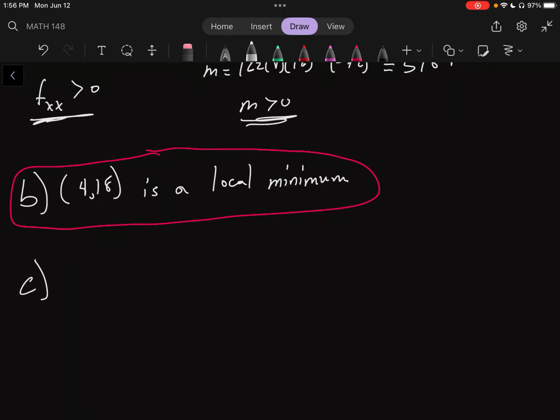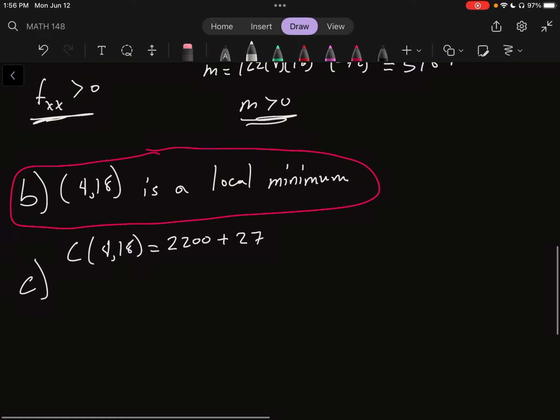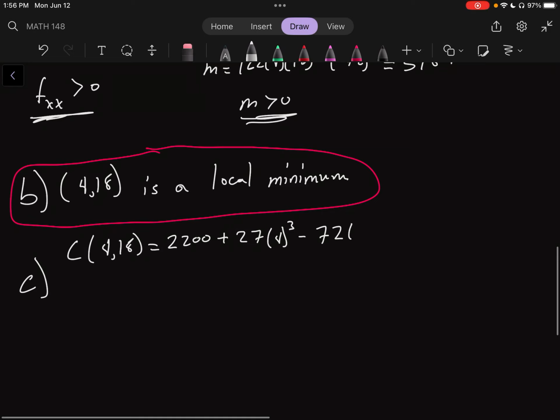Now we just get C of (4, 18), which, I'll write this all out: 2200 plus 27 times 4 cubed minus 72 times 4 multiplied by 18 plus 8 times 18 squared.